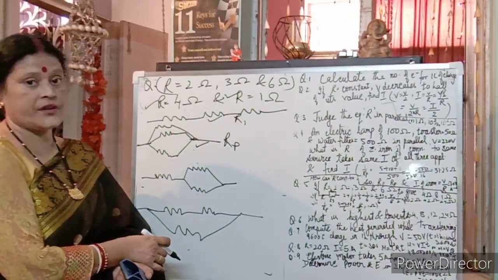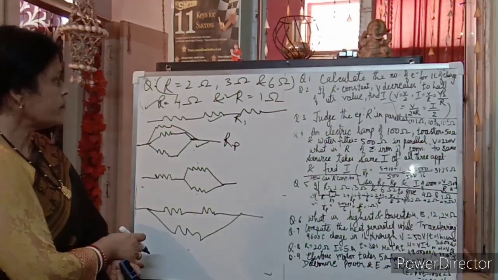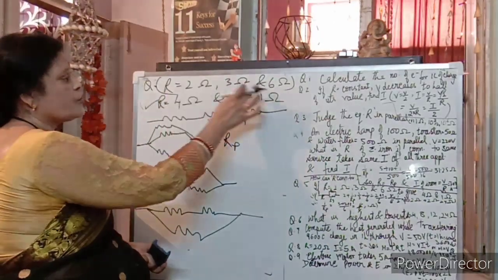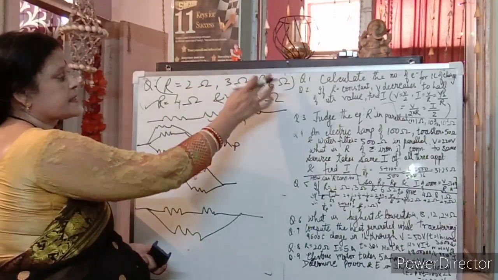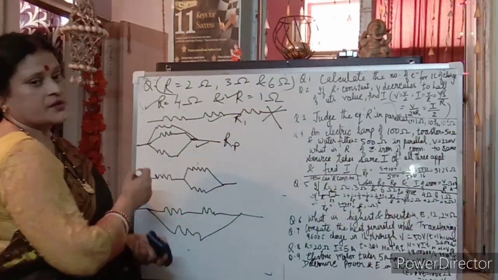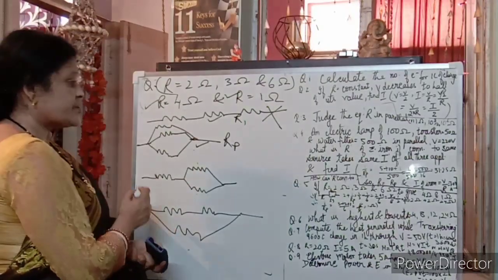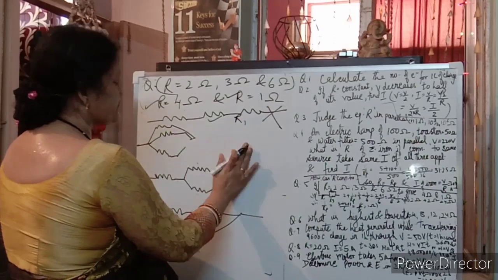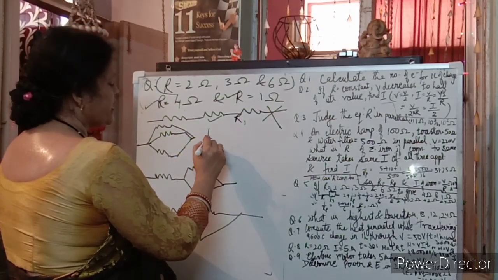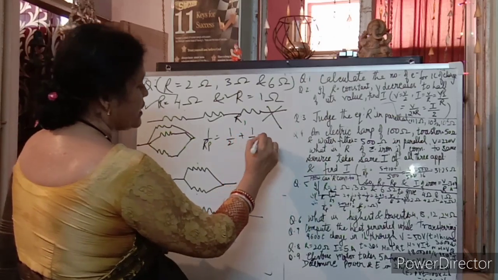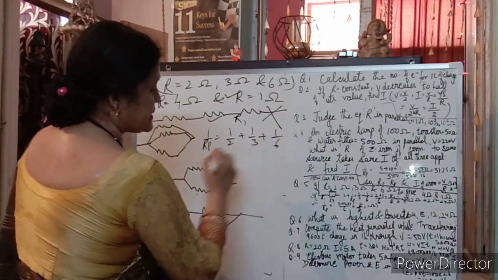So, to get this answer, I am talking about these possibilities. Now, 4 ohm, 1 ohm. Hit and trial. First series, nothing to do: 3 plus 2 is 5, plus 6, 11. Answer is not 11, so not possible. We will check with RP. Suppose 1 upon RP is equal to 1 upon 2 plus 1 upon 3 plus 1 upon 6.